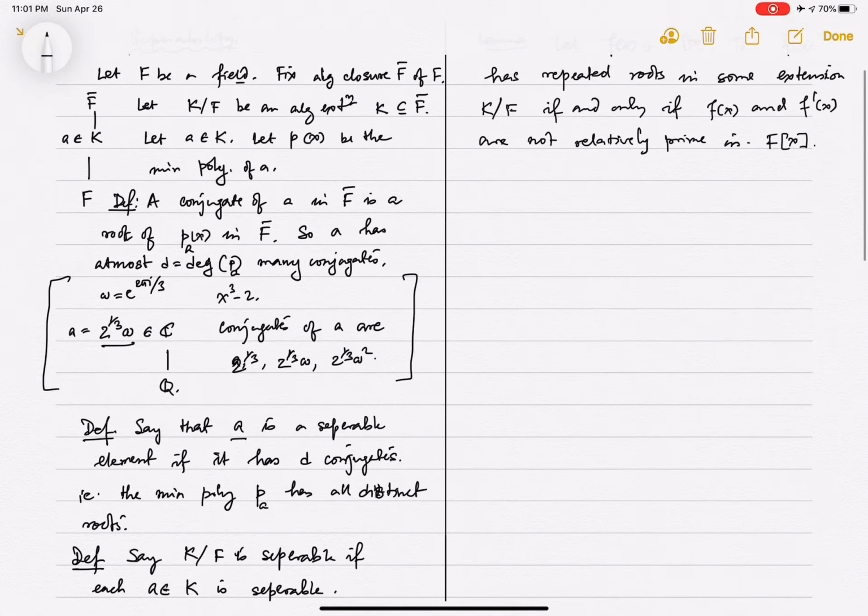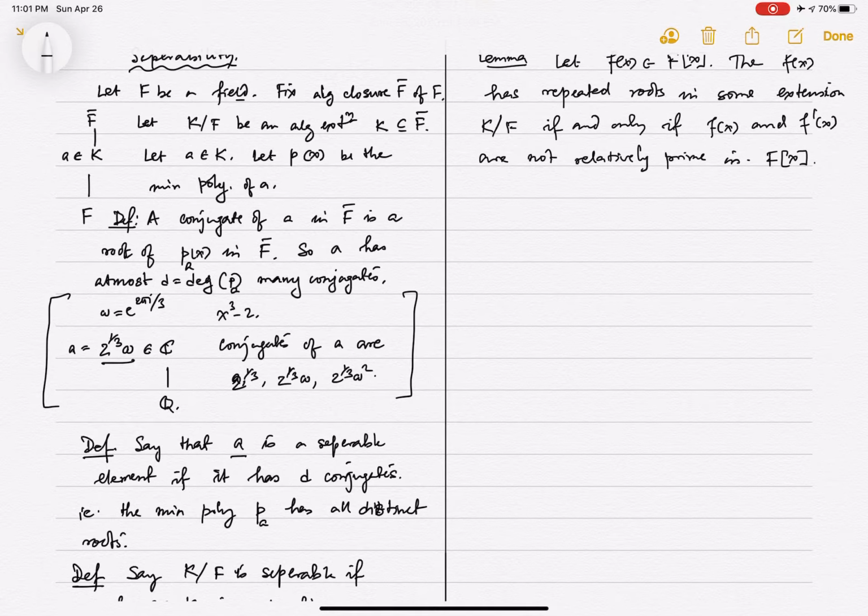And the thing is that if you are only interested in characteristic 0, then everything is separable. So the non-separable extensions only appear in these characteristic p situations. So that's going to be the first lemma. Any algebraic extension in characteristic 0 is separable.